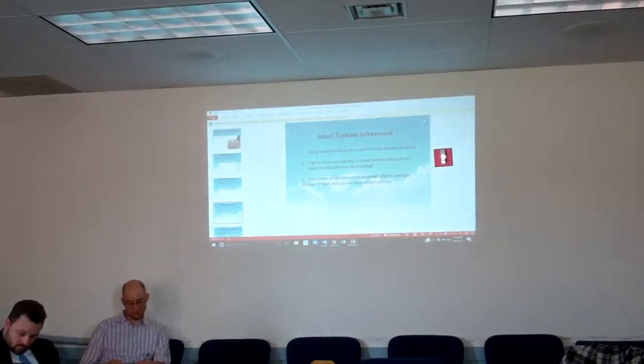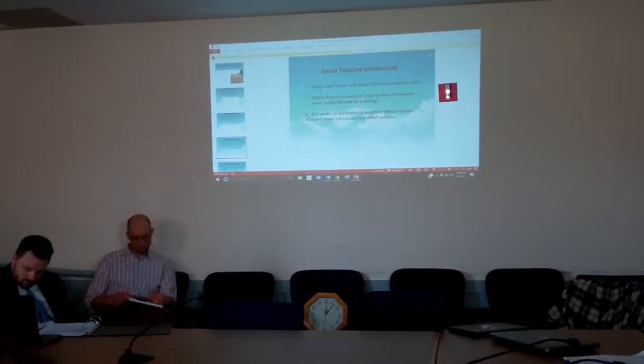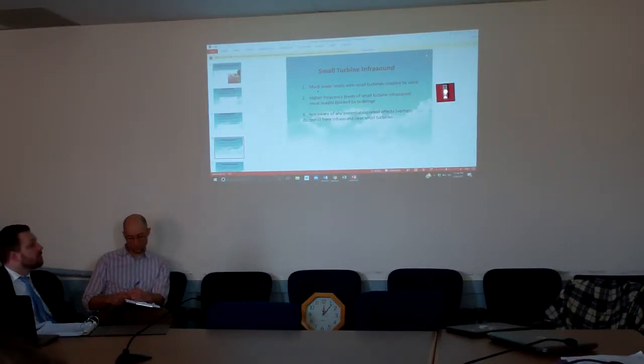The infrasound level, the whole frequency curve is shifted over into the higher frequencies. There's much lower levels of infrasound. The levels are at higher frequencies. It's more readily blocked by the buildings. And what also happens is that with small turbines, a large amount of the small turbine infrasound is really masked by the wind because the wind itself creates infrasound.